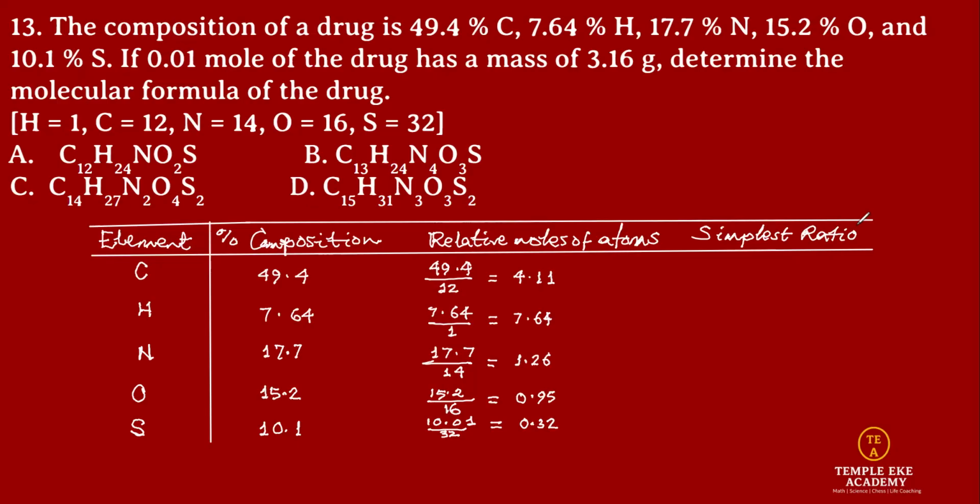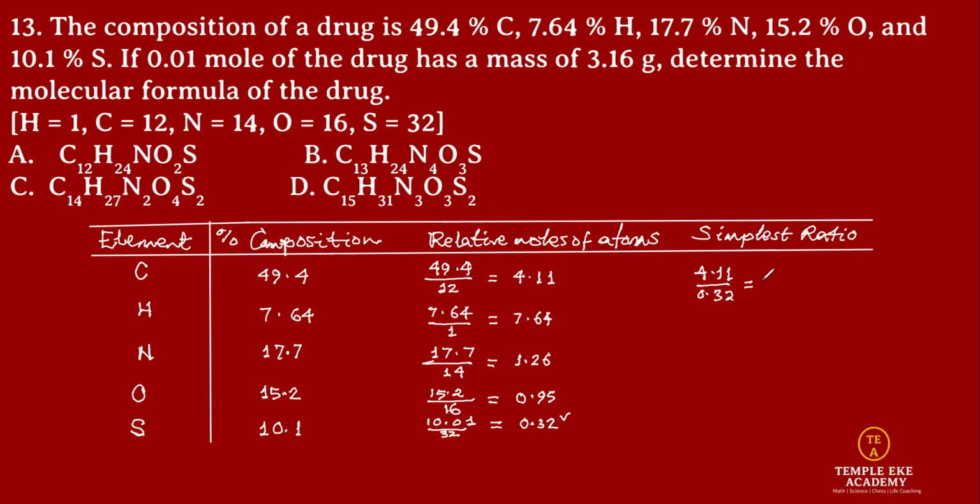We're going to have to divide by the smallest. The smallest of all these values is 0.32. And now we have to divide by that. So all values divided by 0.32. We have 4.11 divided by 0.32.